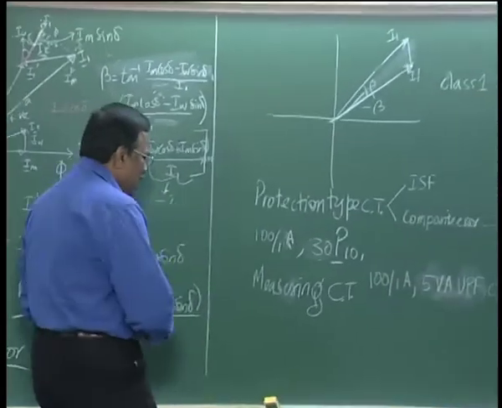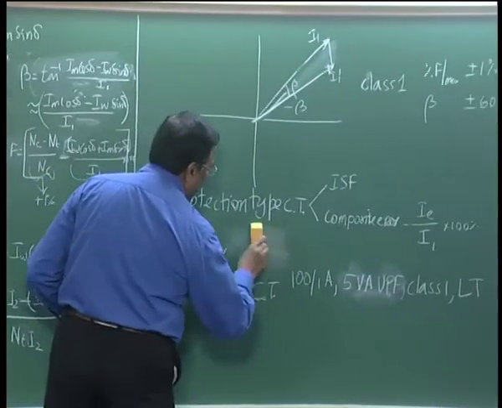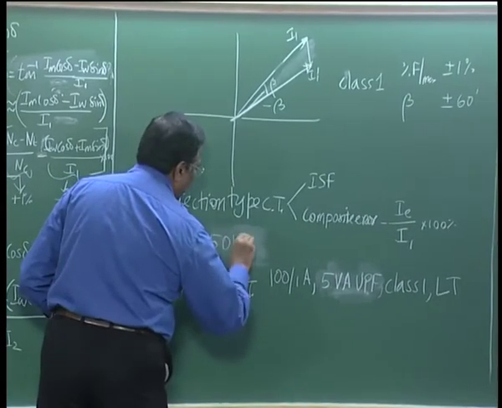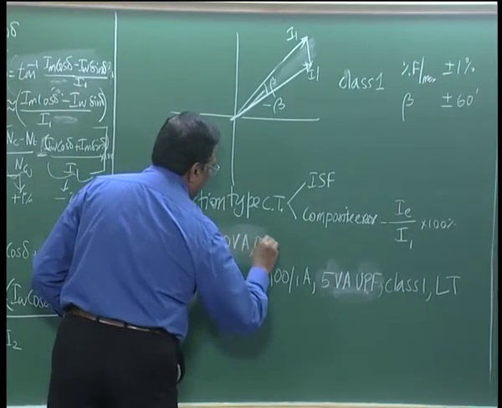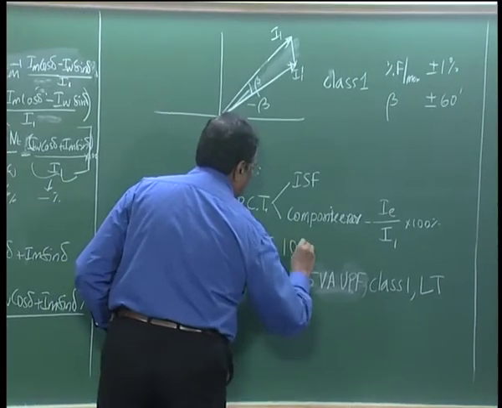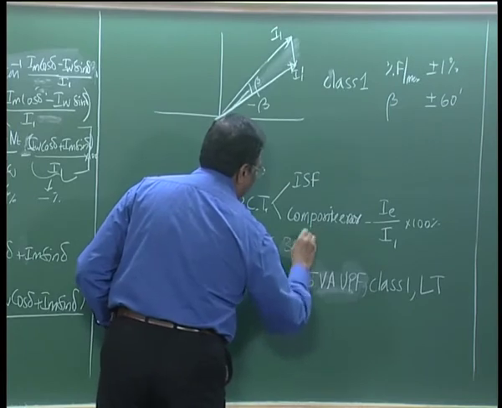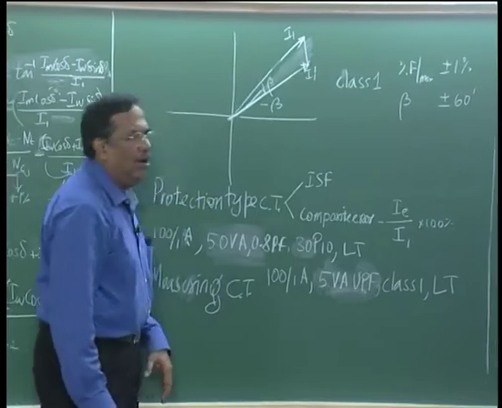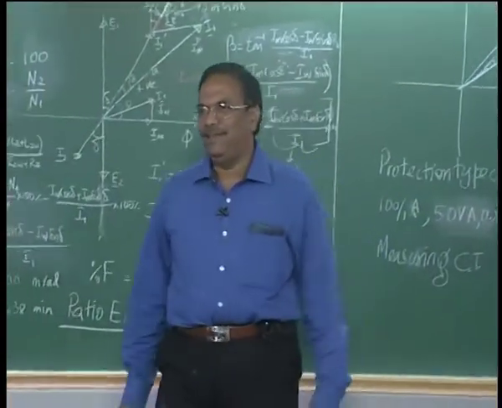Similarly here I need to specify the burden 50 VA 0.8 power factor, comma 30 P10, comma LTCT or MVCT or HVCT, right.